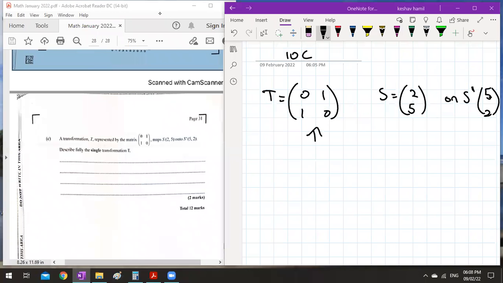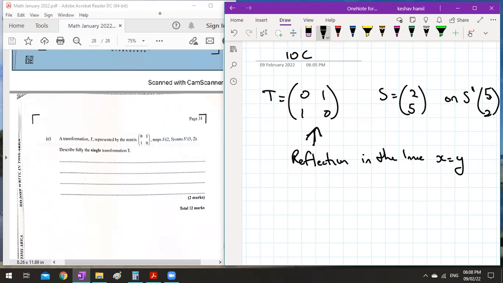Right. From matrices, this here is a reflection. No, this is from transformation, sorry. So this is a reflection in the line x equal to y. So basically, if x is 2 here, right, it would be the y position in the reflection.